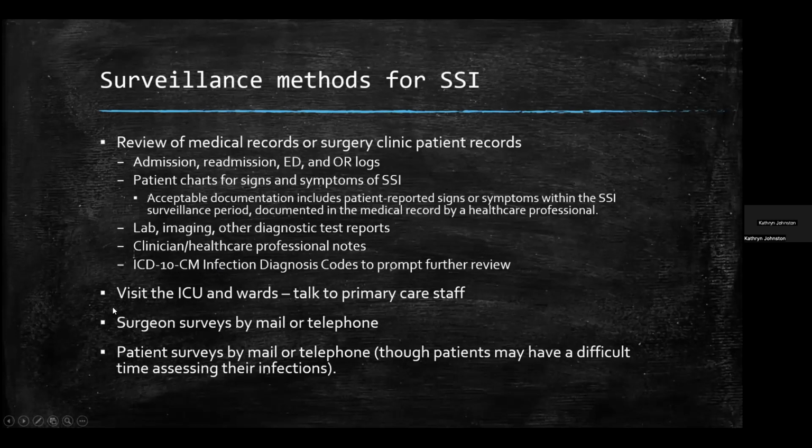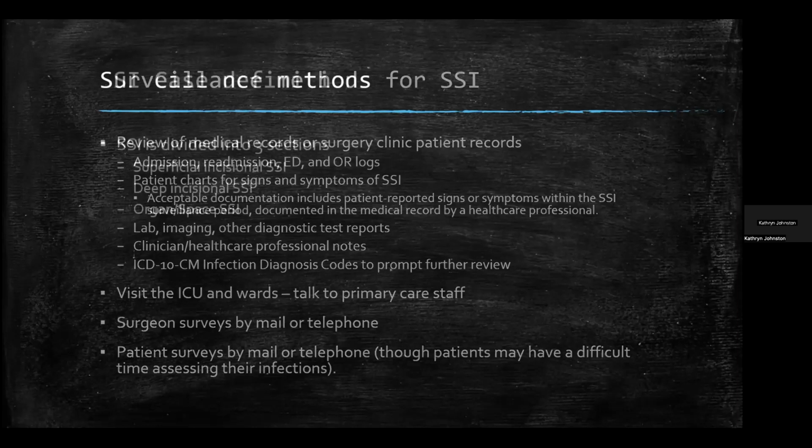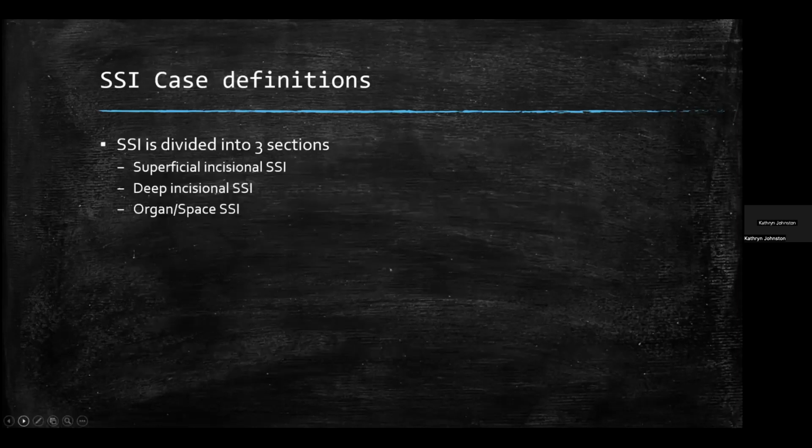You also, as part of the surveillance method for SSIs, can include visiting the wards and talking to the staff. The surgeon can do surveys by mail or telephone, or the healthcare facility on behalf of the surgeon can do surveys by mail or telephone, and patient surveys as well. So for SSI surveillance purposes, SSI is divided into 3 separate types of infections.